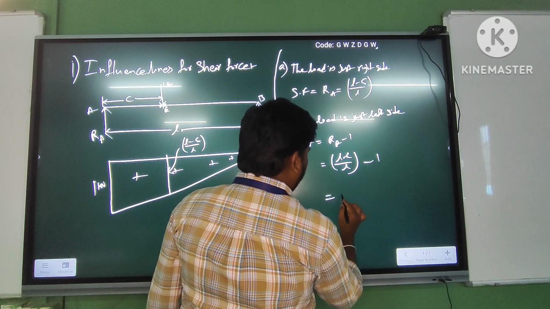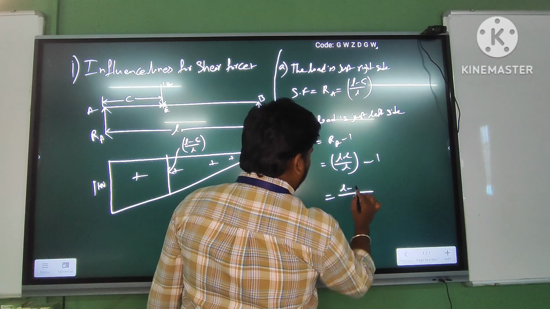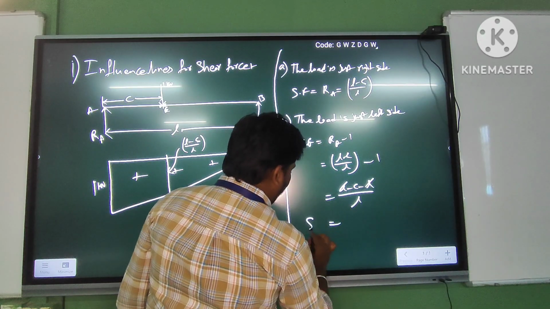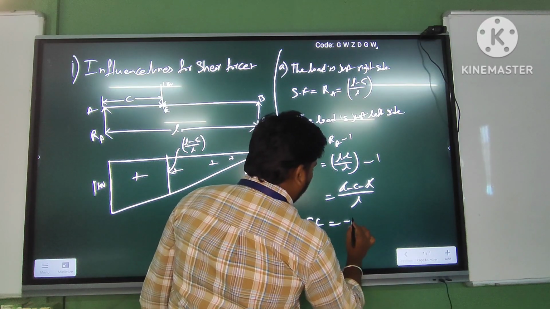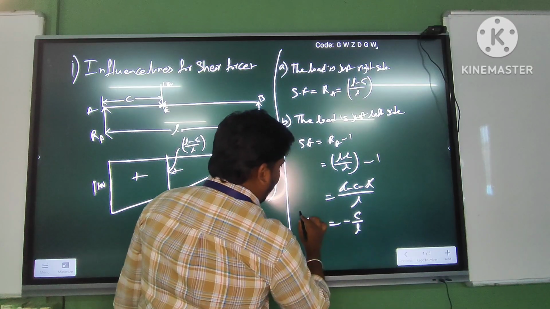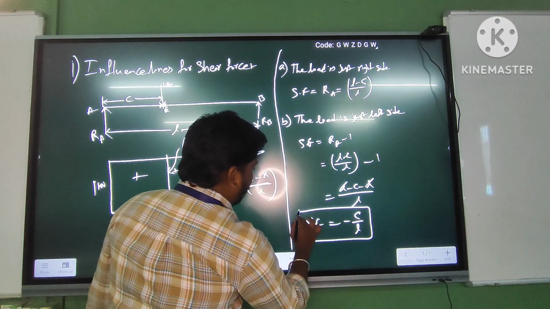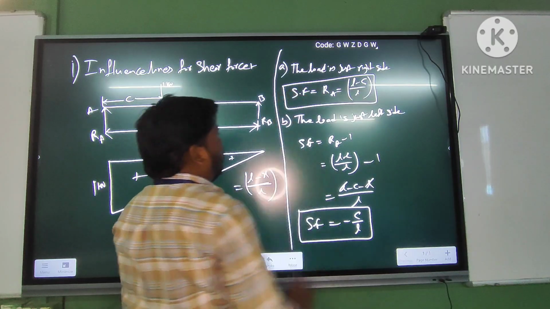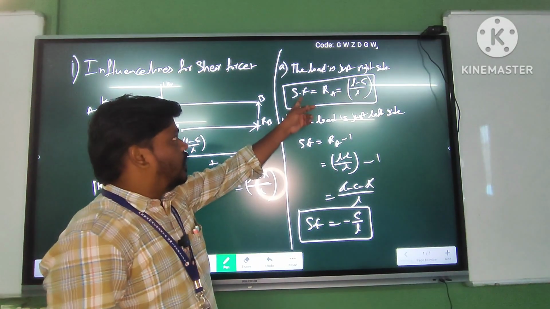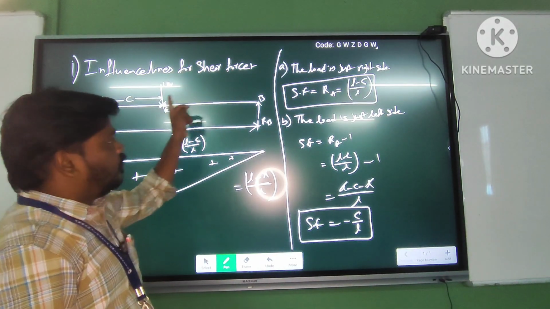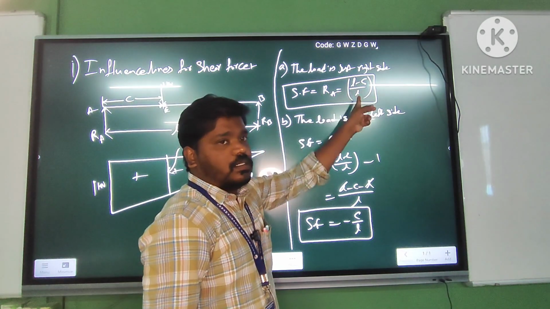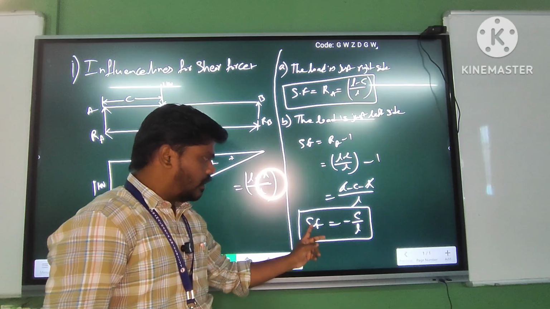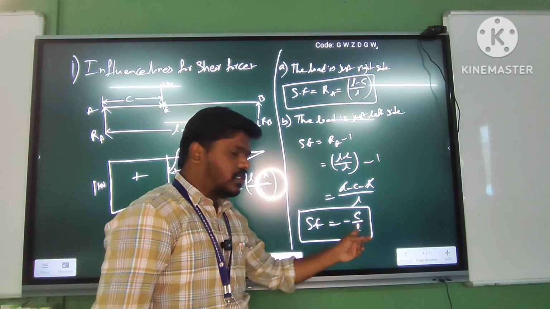Taking LCM, we get L minus C minus L. These will get cancelled. Finally, SF is equal to minus C by L. So the shear force when the load is just right to the section is 1 minus C by L, and when the load is just left to the section, the SF will be minus C by L.